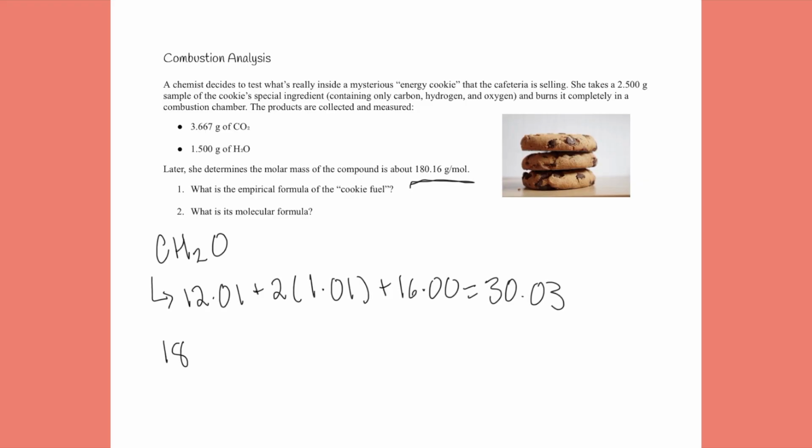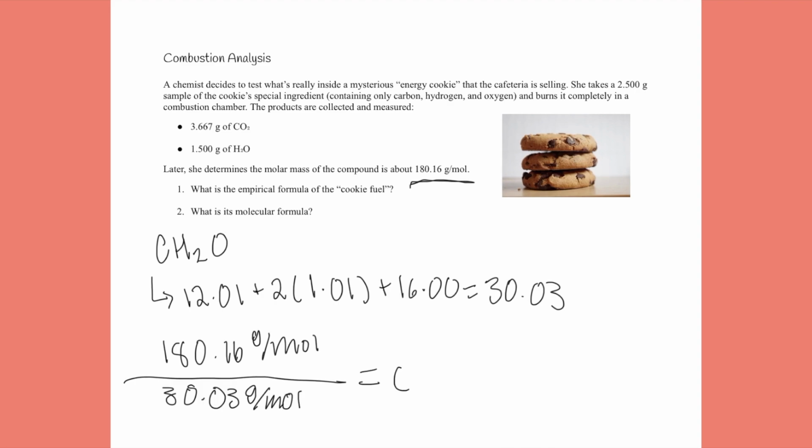So we can do 180.16 grams per mole divided by 30.03 grams per mole. When we do this, we get a number that's pretty close to 6. And this means that naturally the compound has each element 6 times as much as in the empirical formula. So it is C6H12O6. And that's the molecular formula.